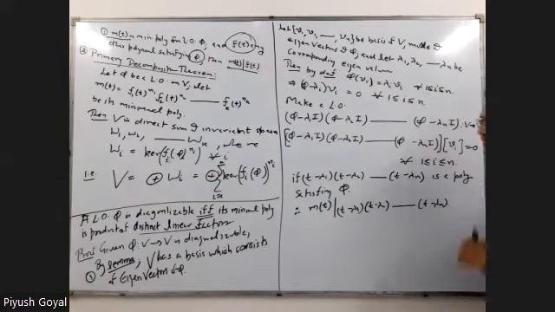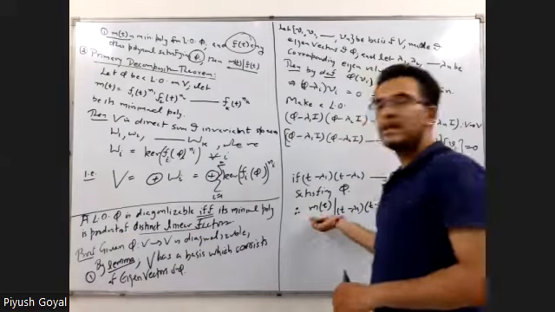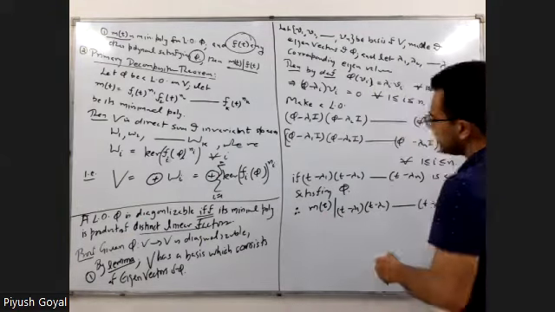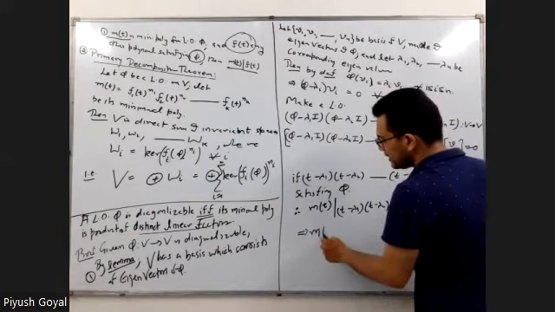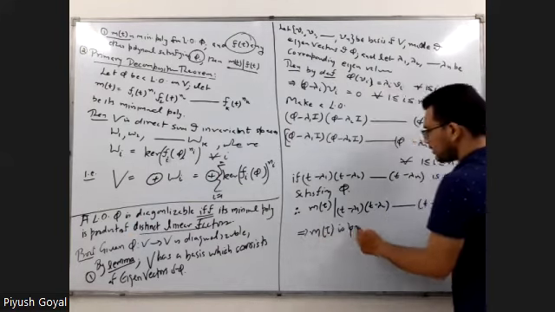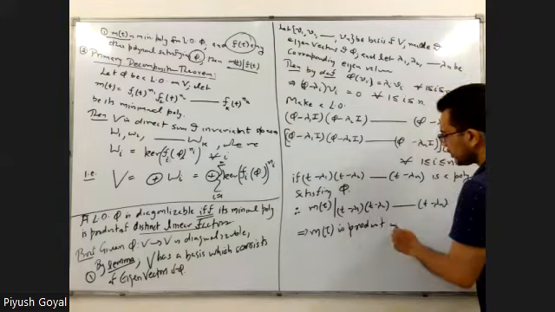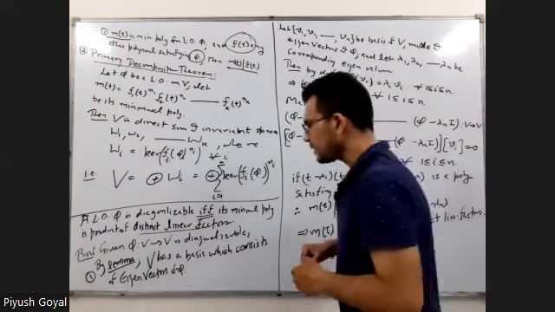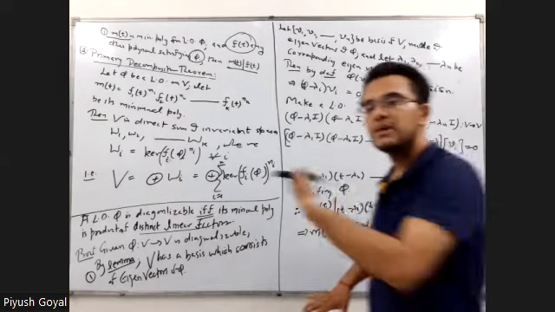These are all distinct factors, so m(t) is a part of this, and it will obviously have distinct factors. This implies m(t) is a product of distinct linear factors. I hope this is clear to you. Now we have to do the reverse part.